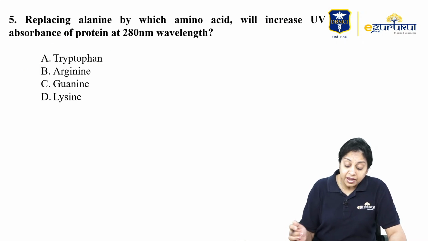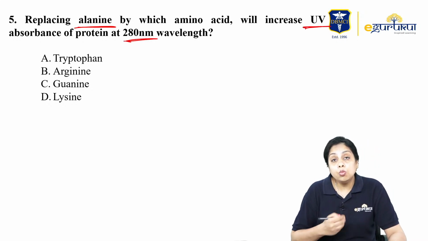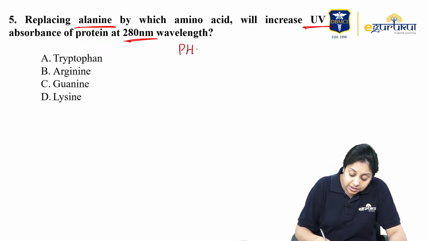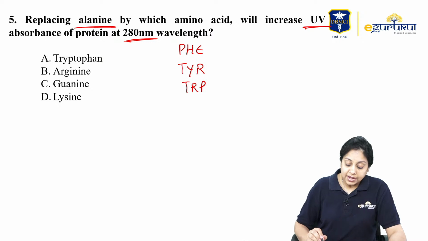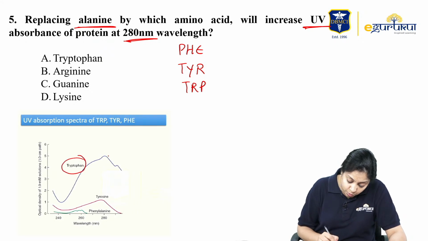Replacing alanine by which amino acid will increase the UV absorption of protein at 280 nanometer wavelength? We know most of the amino acids, protein solutions, are colorless. But there are these three aromatic amino acids, that is Phe, Tyr and Trp, right? They show the absorbance, and if you can remember this from the class, tryptophan absorbs the most around the 280 nanometer.